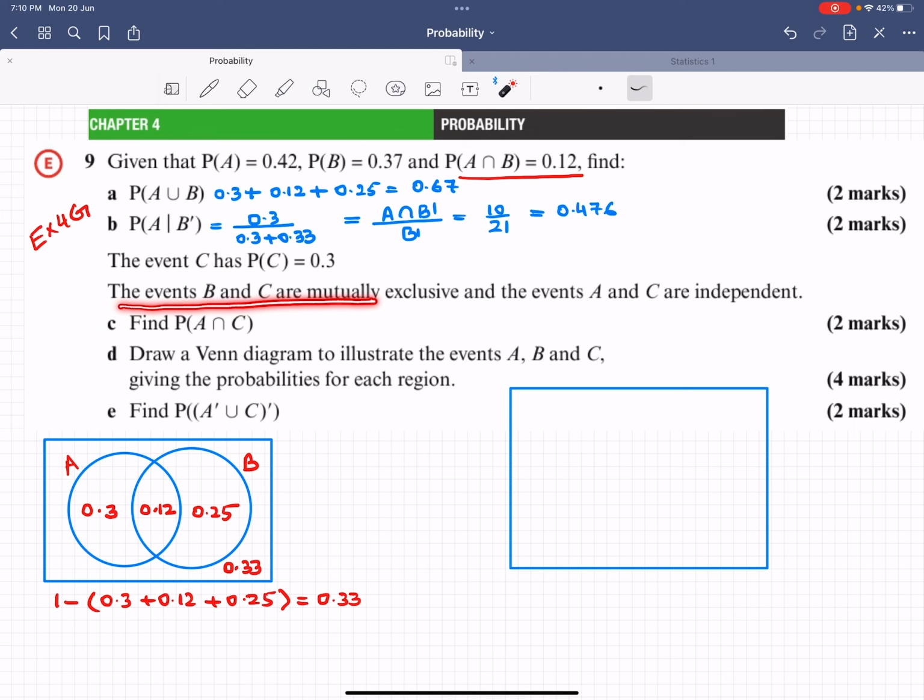So when B and C are mutually exclusive, that means they do not intersect. So let's draw C here and B here, so they do not intersect. And A and C are independent, so let's draw the circle A also.